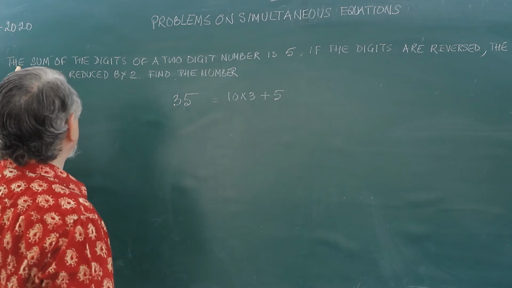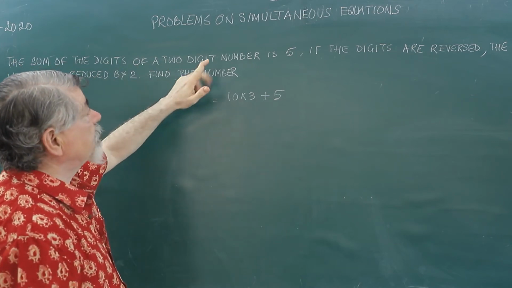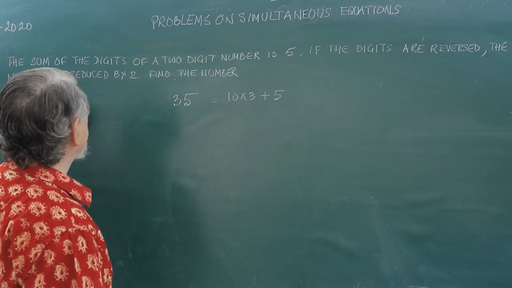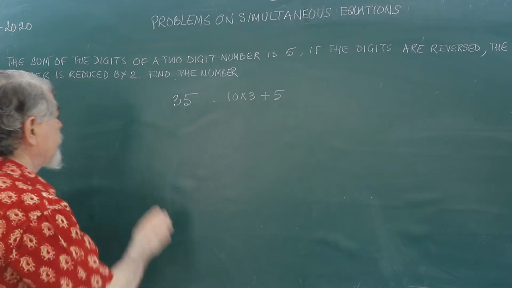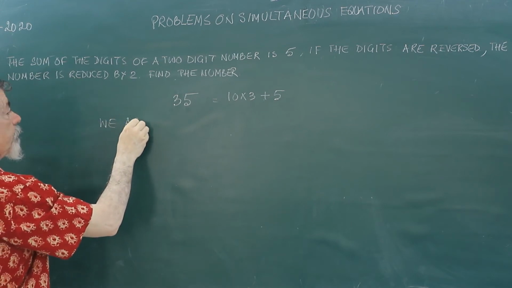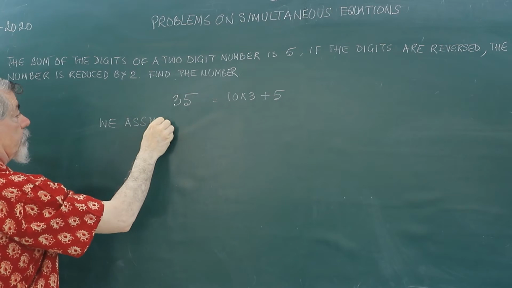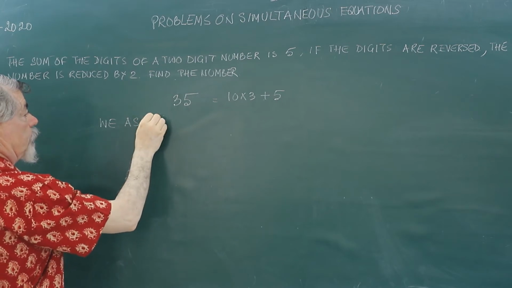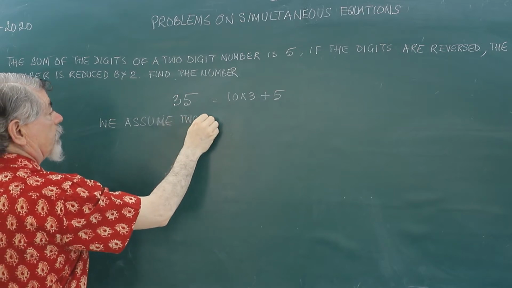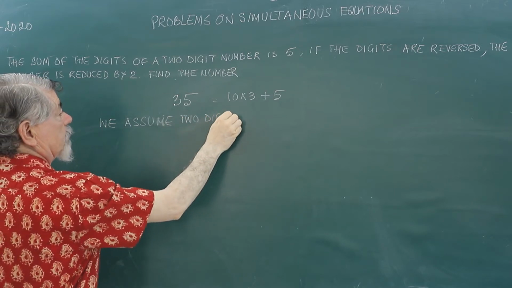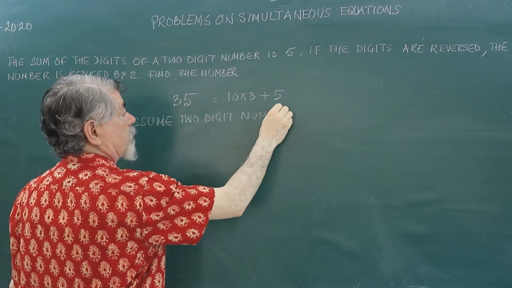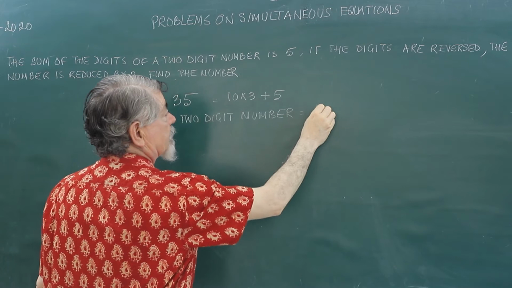Now he said the sum of the digits of a 2-digit number is 5. If the digits are reversed, the number is reduced by 2. So in a 2-digit number, we always assume the number as 10x plus y.